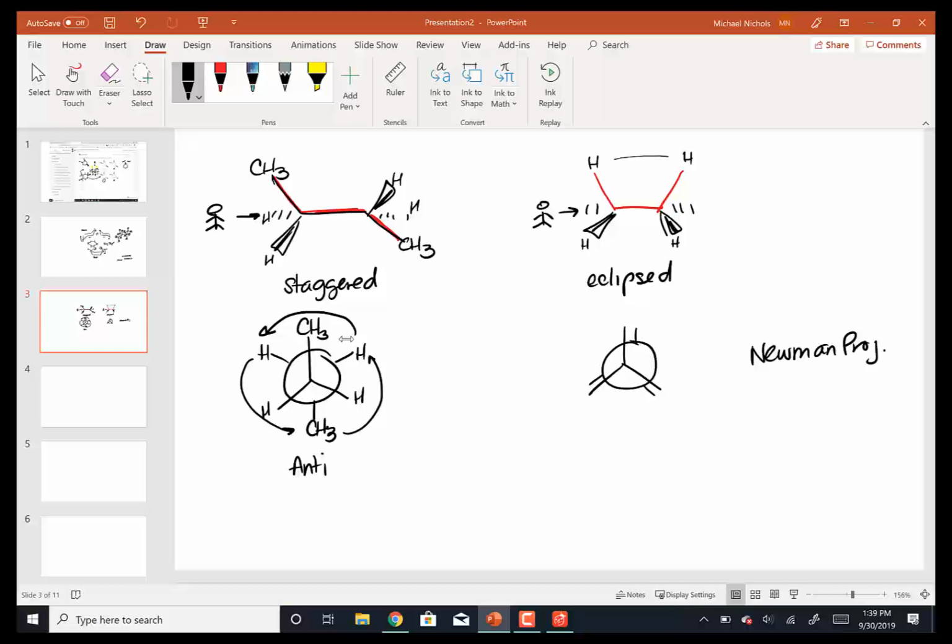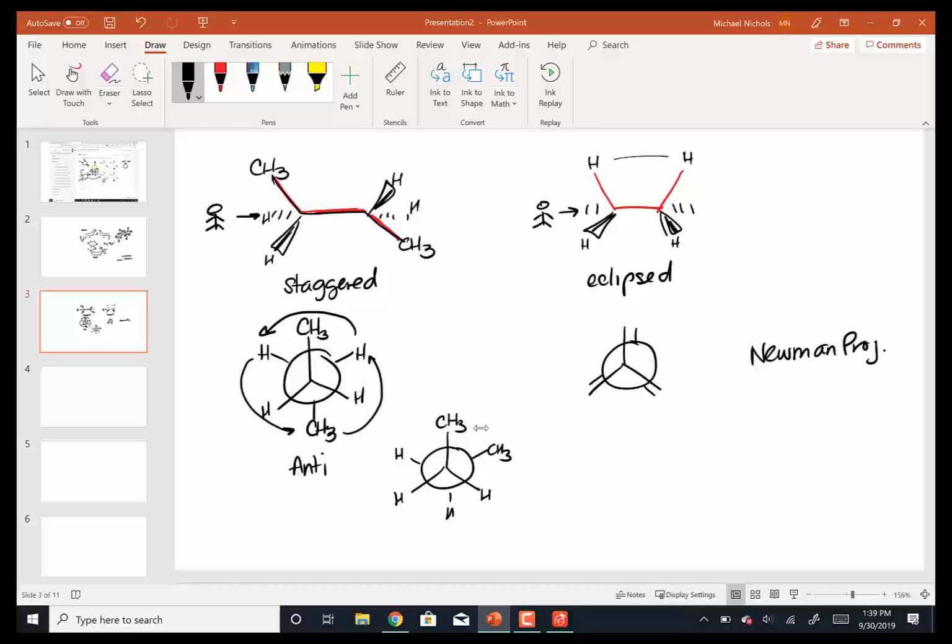Never rotate both of them at the same time, because you might just be rotating your molecule and you won't get anything new. So I usually choose to rotate the back and hold the front steady. My front carbon isn't going to change. It's going to have a CH3, an H, and an H. But my back carbon, my methyl group, is going to come up here. Then my hydrogen is there, and my other hydrogen is there.